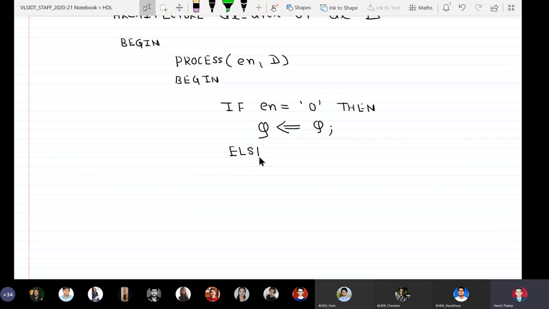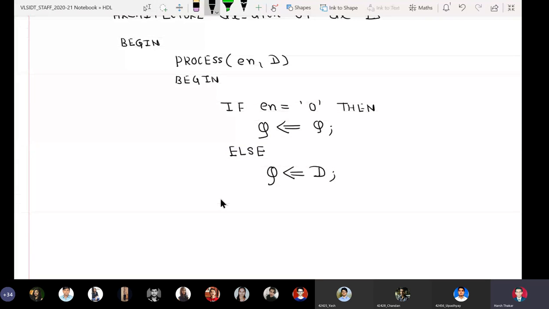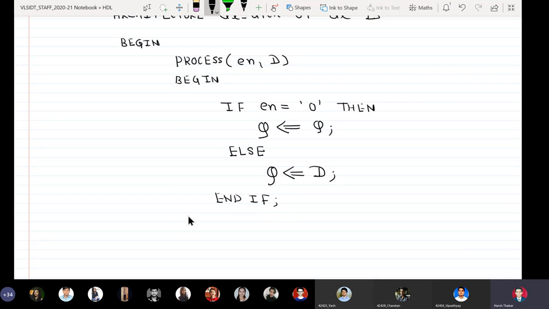When I say else, I'm referring to what is to be done when EN equal to 1. So else Q is assigned D, and end if, end process, and end architecture.